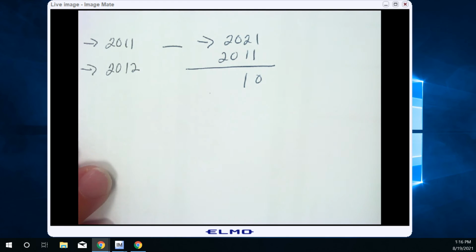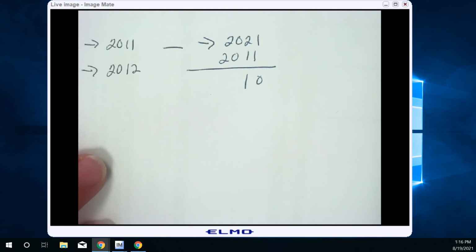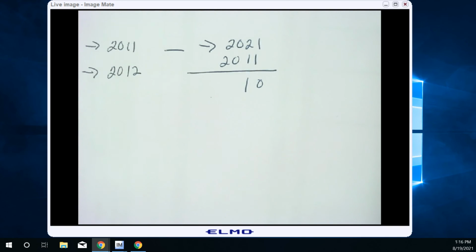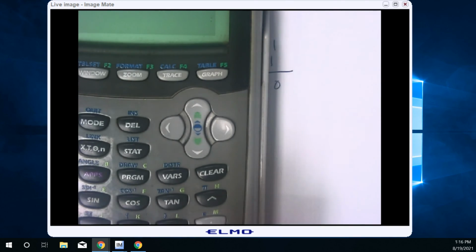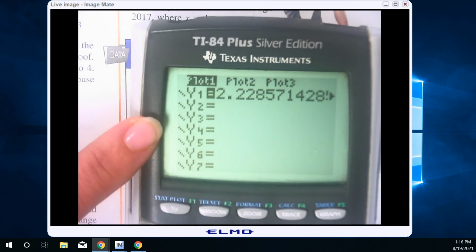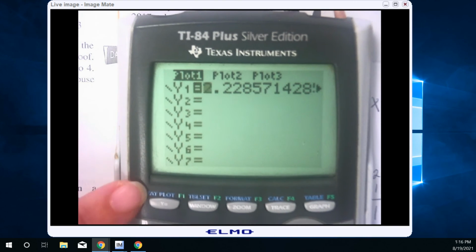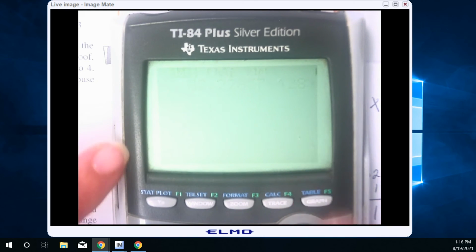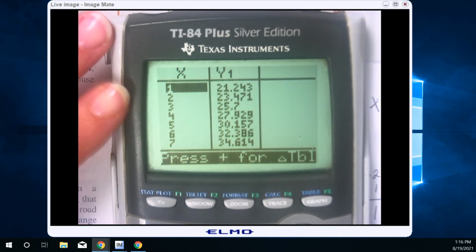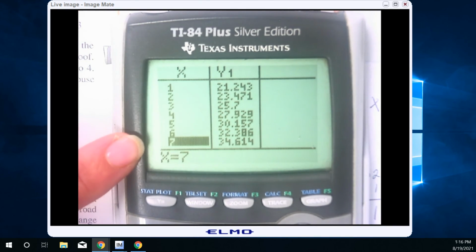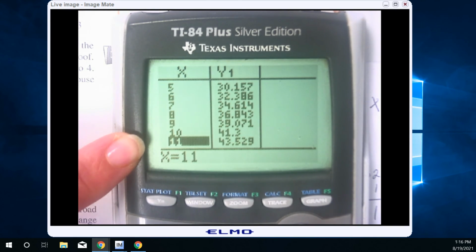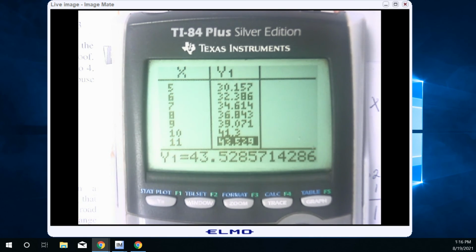Let's go. So I was wrong. If you go to the 10 here, so I've got it. Look here, my calculator put it in there. If I go to the blue table, there's 17, 18, 19, 20, 21, 43.53.